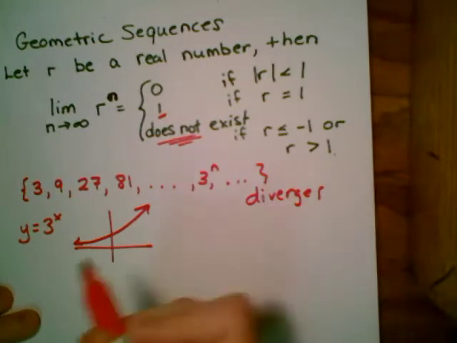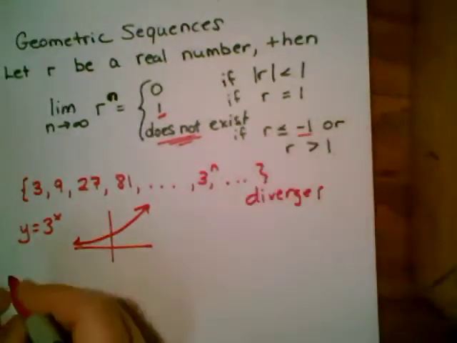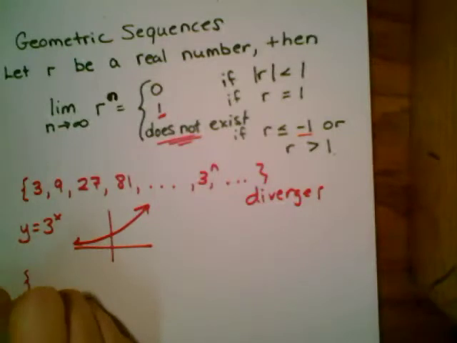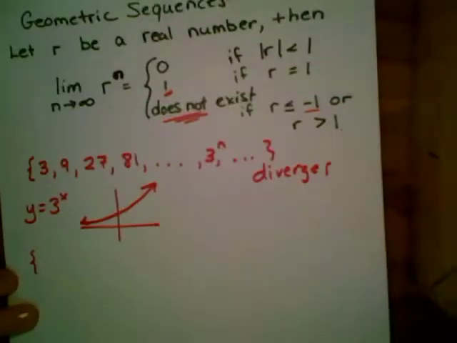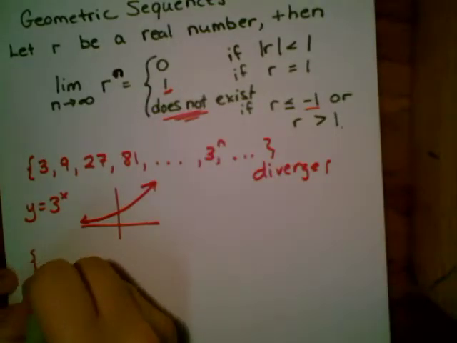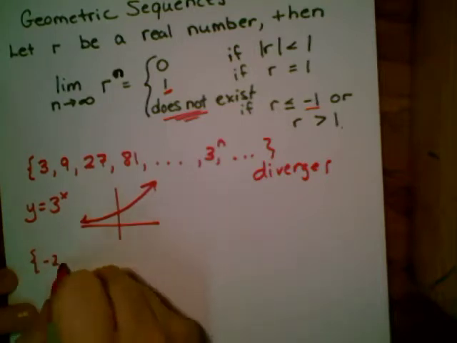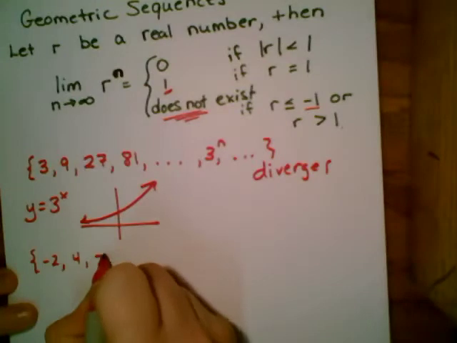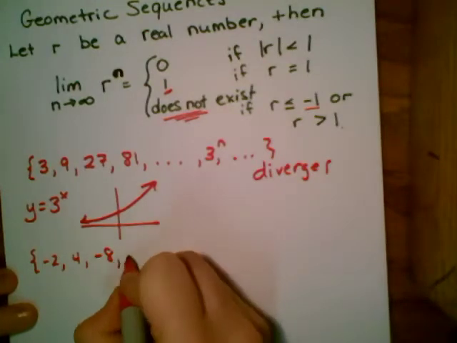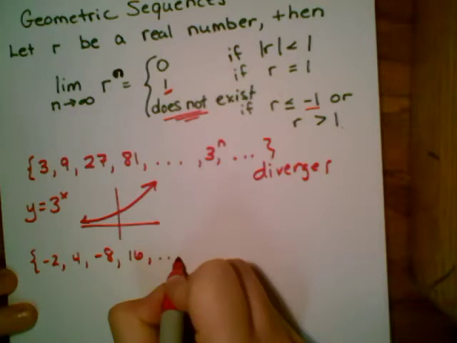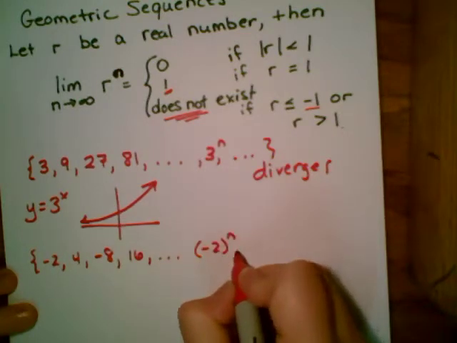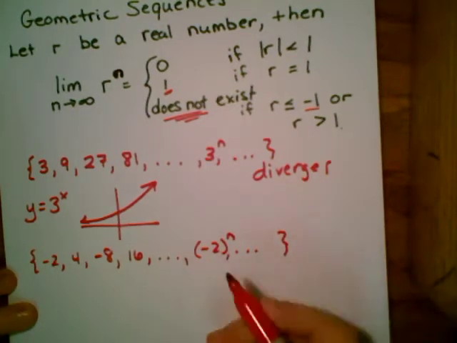What else do we want to say here? Let's go to this next example where r is less than or equal to -1. Let's say -2. Okay, so -2 times -2 is positive 4. Times -2 is -8. Times -2 is 16. We continue on till the nth term.